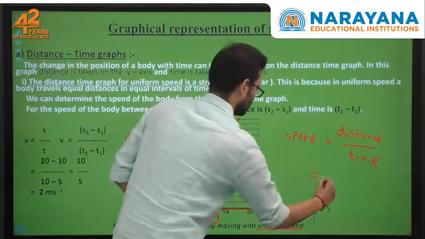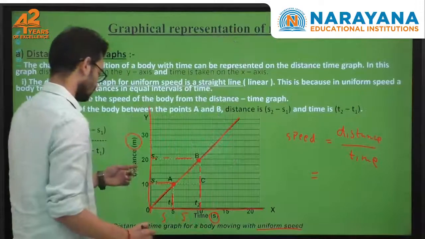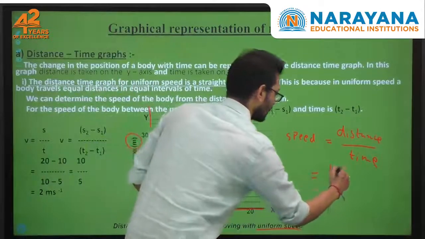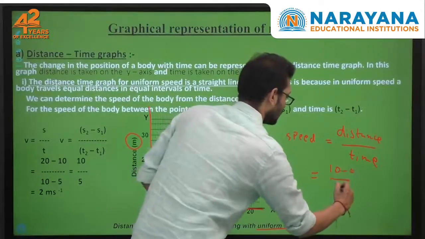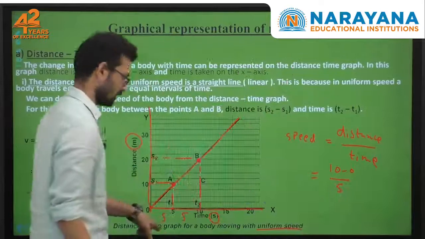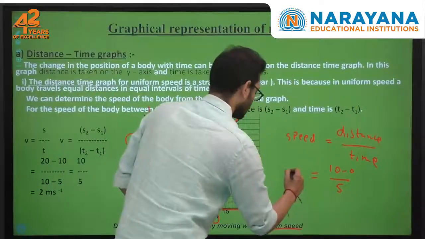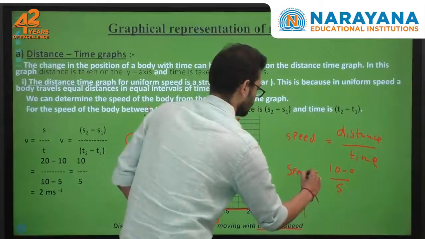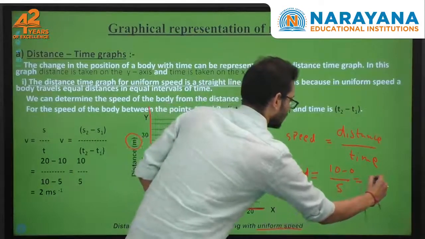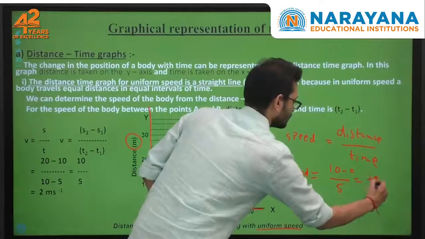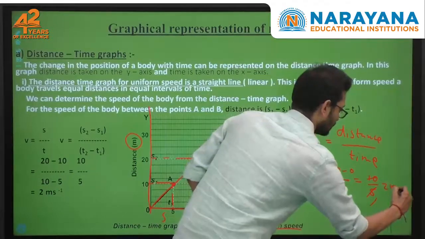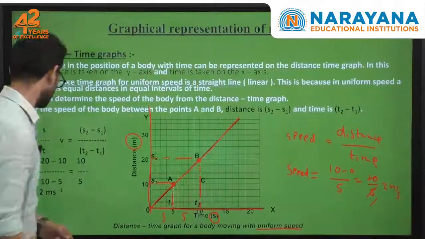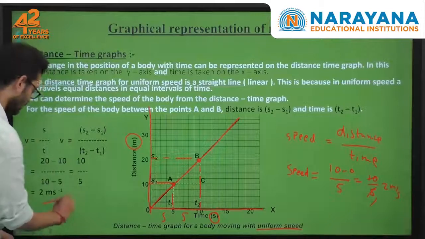Taking the distance 10 minus 0, by time 5 seconds, in the first 5 seconds the speed is 10 by 5, which is 2 meter per second.